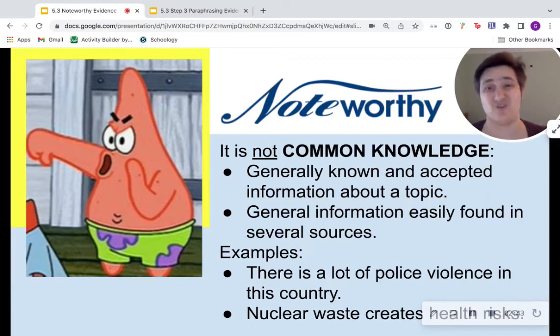It's not noteworthy, although it is worth talking about, but we need specific noteworthy evidence to elaborate on that. Nuclear waste creates health risks? Yeah, I don't think anyone's going to be disagreeing on that. Again, it's not telling us anything we don't already know. So what would it look like if we had real noteworthy information?